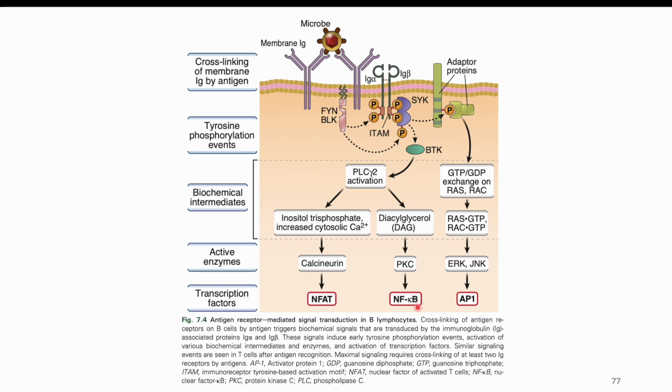It's a transcription factor. It will do the same thing again. It will go to the nucleus and transcribe and translate proteins, and hence the change will come in this particular cell. Now again, if we talk about the GTP RAS-RAC pathway, it will activate the RAS-RAC GTP pathways, which will in turn activate ERK and JNK enzymes, and the transcription factor associated with ERK and JNK enzymes is AP1.